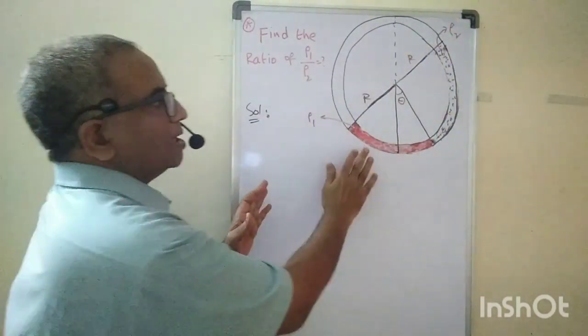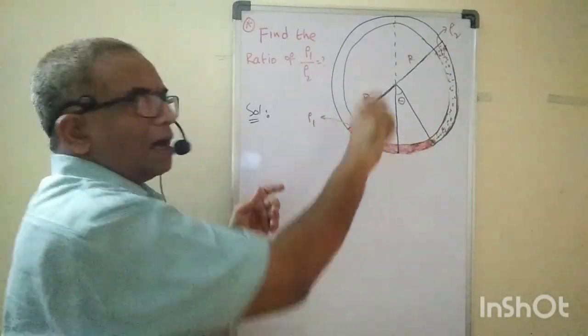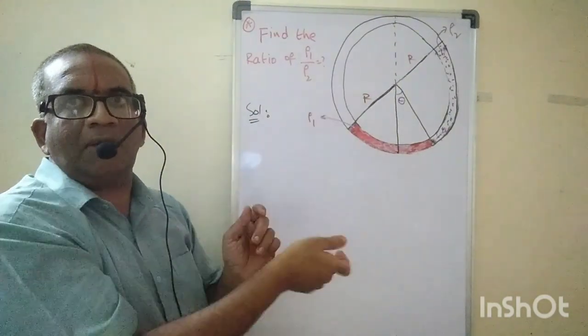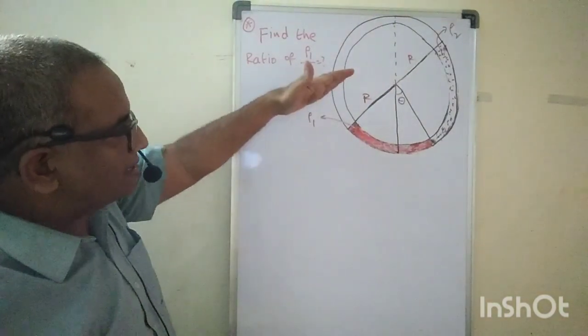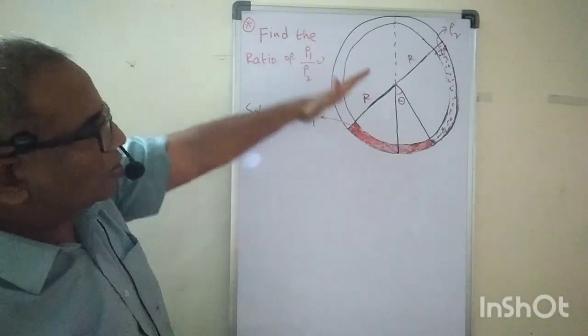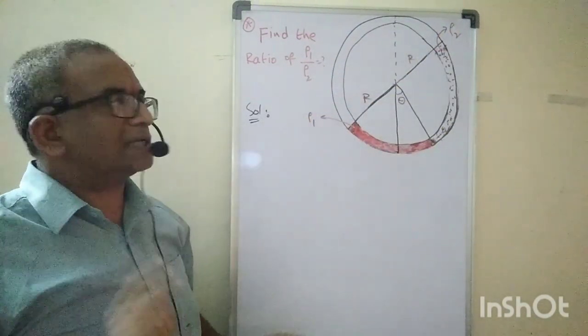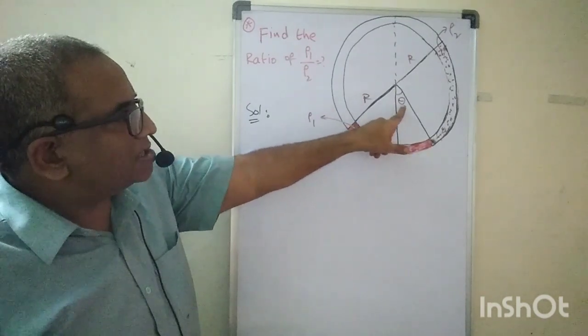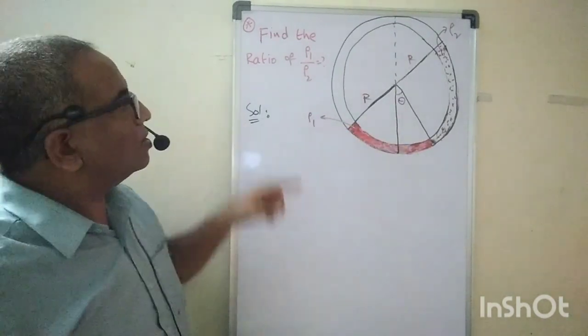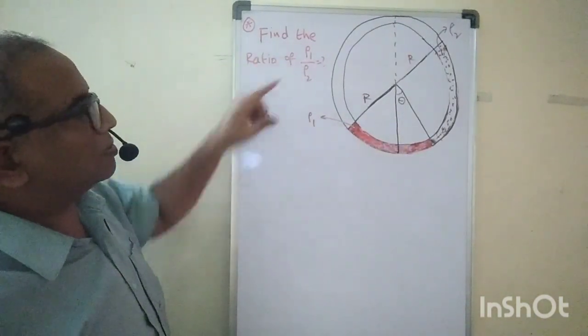Initially both have the same arc lengths, but as they placed rho 1 here, the rho 2 went up. Now the question is: it has made some angle theta, so find out rho 1 by rho 2.